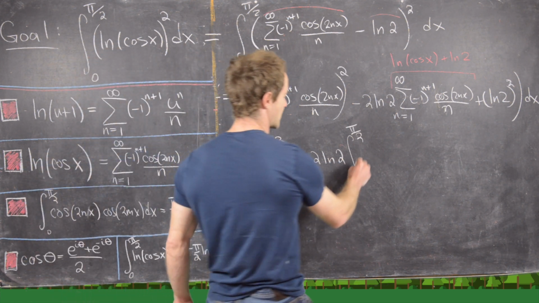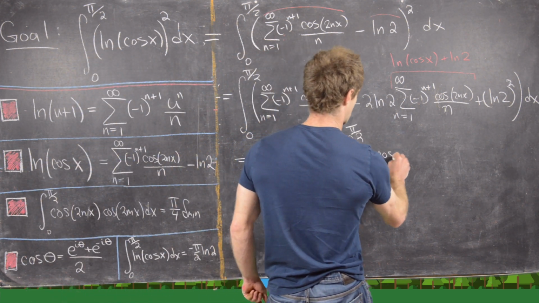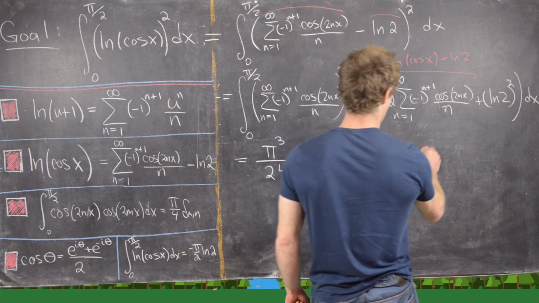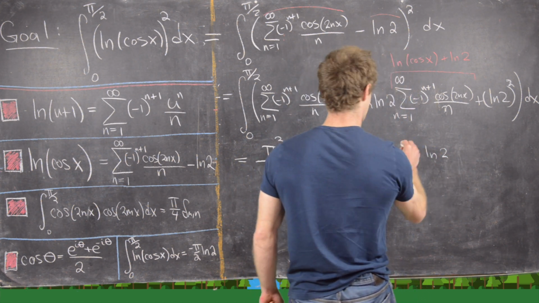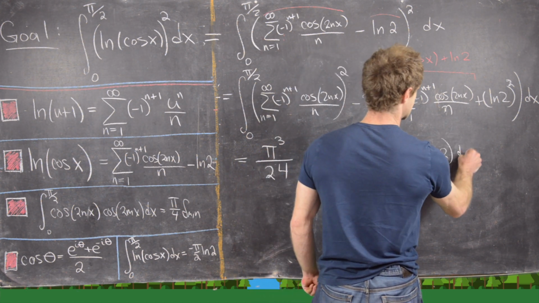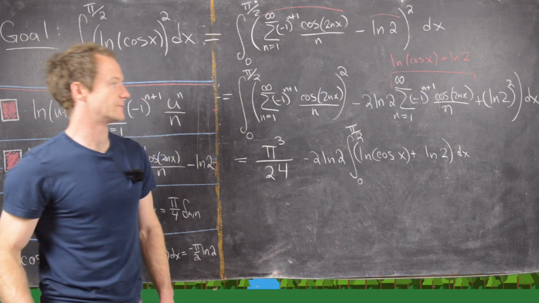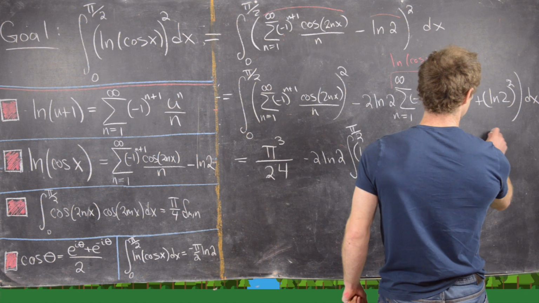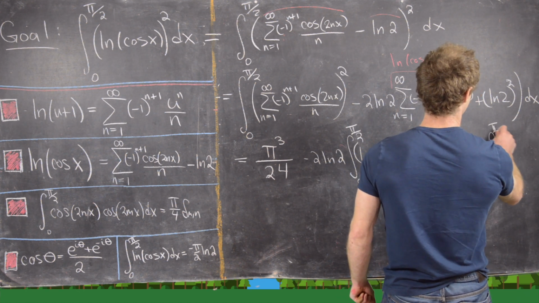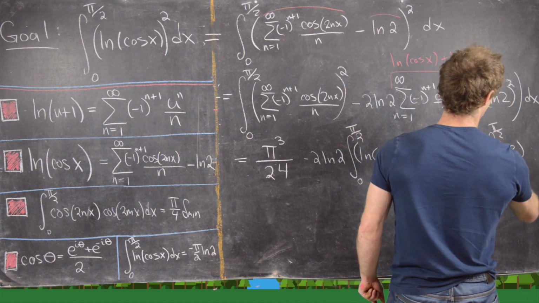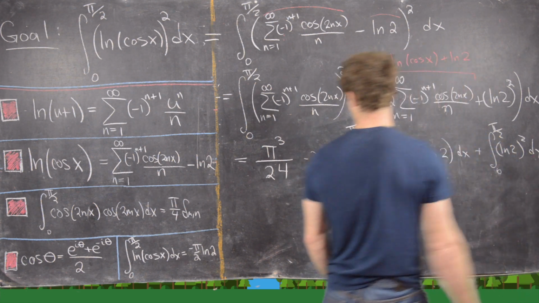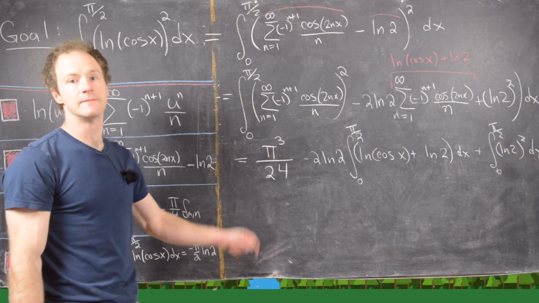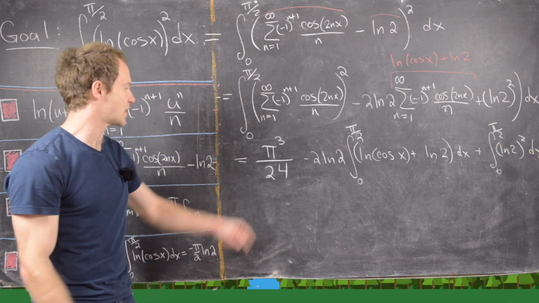So here I'm going to have natural log of cosine of x plus natural log of 2, dx. Okay, so there we've got it. And then finally, I have plus the integral from 0 to pi over 2 of natural log of 2 squared dx. Okay, and now we're ready to keep going.